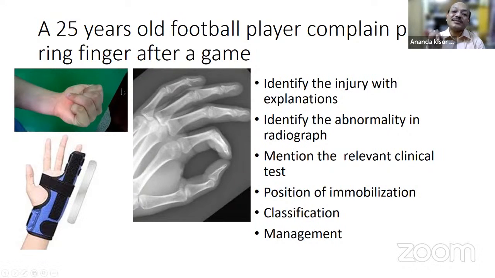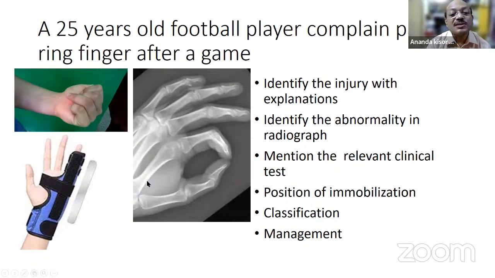The flexor digitorum profundus is the long, powerful flexor of the fingers, and the main tendon responsible for grip. Once they make a firm, powerful grip using the flexor digitorum profundus, and somebody tries to make a forceful extension on the flexed fingers, there is a chance of rupture of the flexor digitorum profundus at its insertion, and that is known as jersey finger.